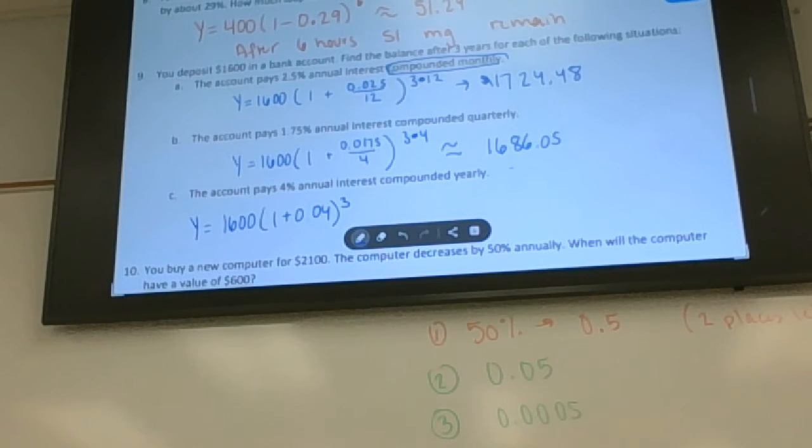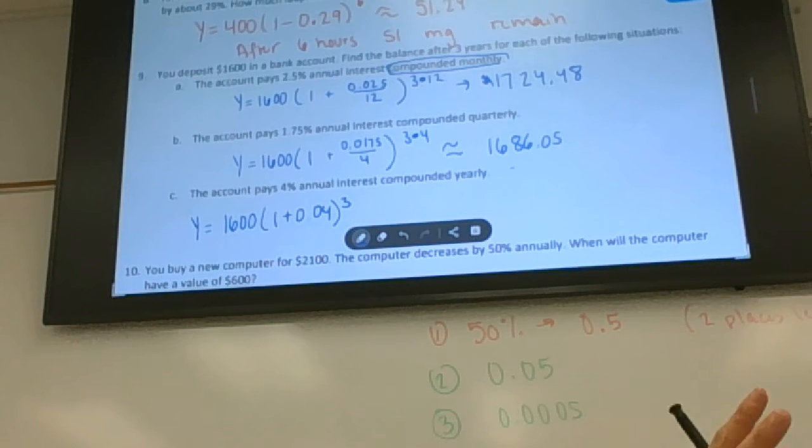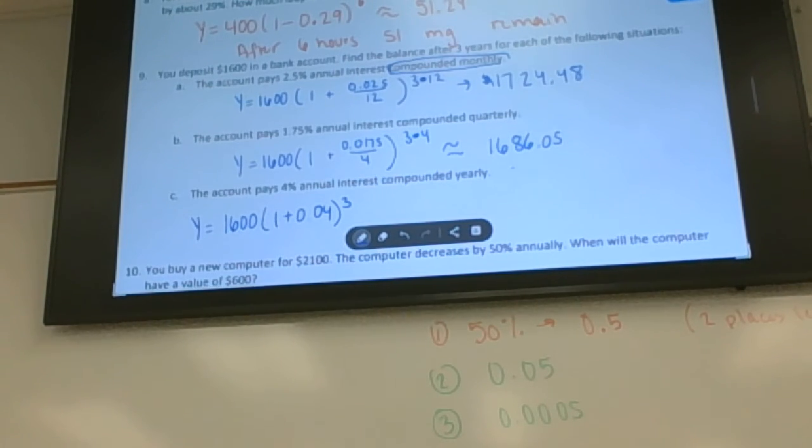So this is how picky finance people are. This is 1,600. If I was talking about 16,000 or 160,000, that $1 might be $10 or $100, and I'm going to pick the bank that's going to give me more. So that's slightly different.